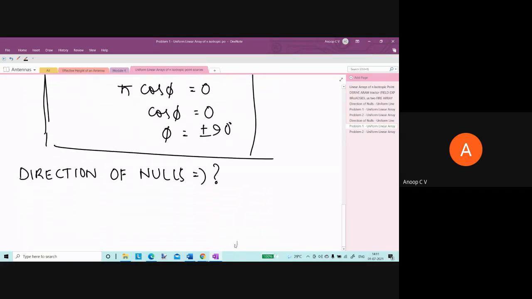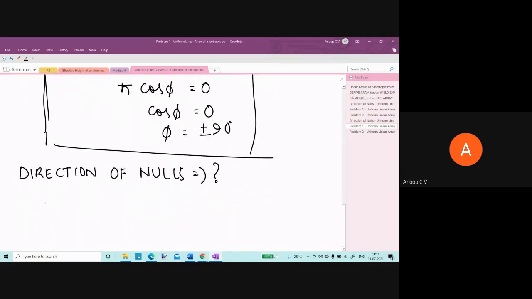Any idea? So maybe I can write this E, I'll write the expression once again. The actual E was e power j n psi minus 1 divided by e power j psi minus 1, right? For null, this should be equal to 0.